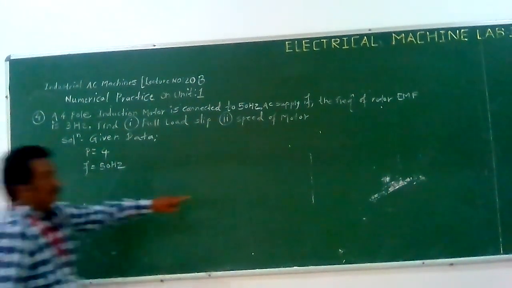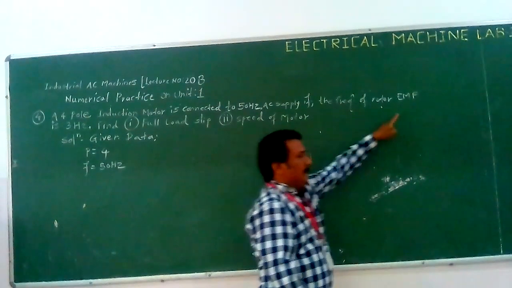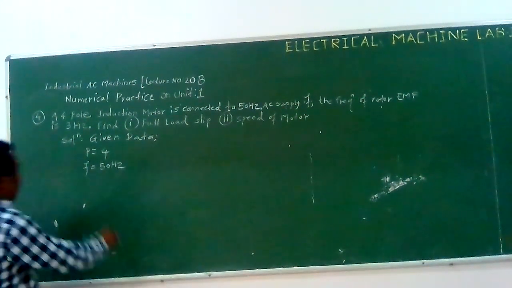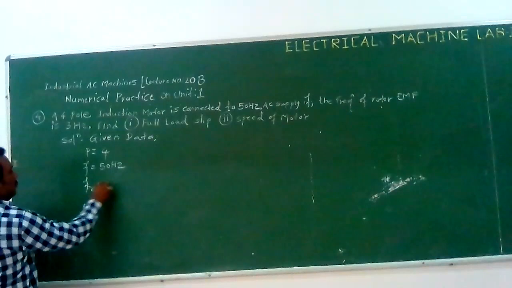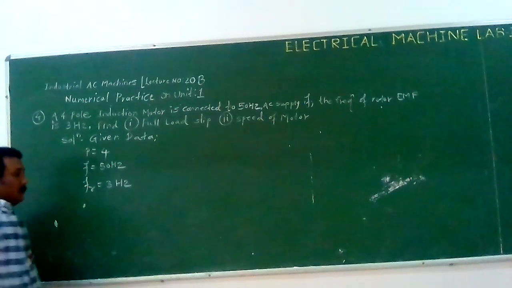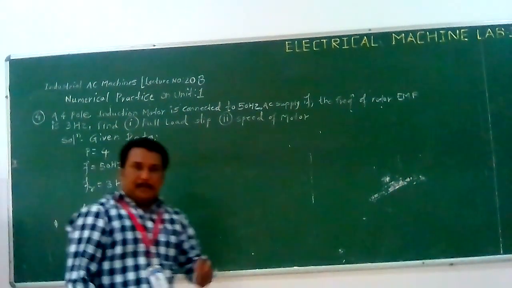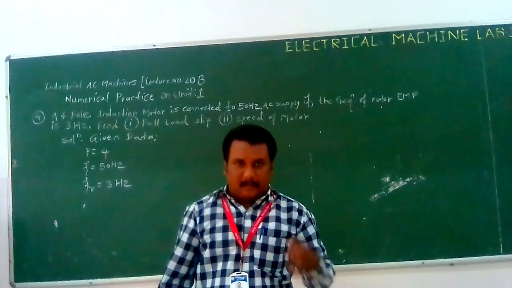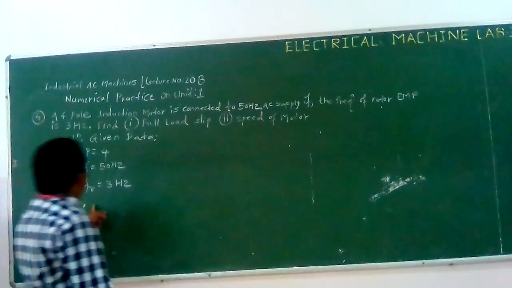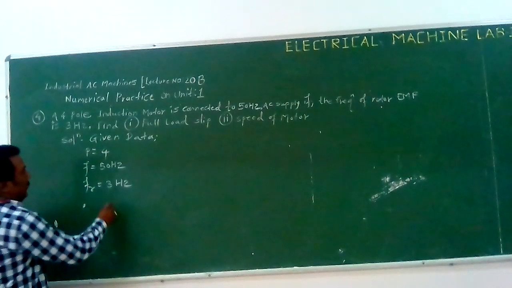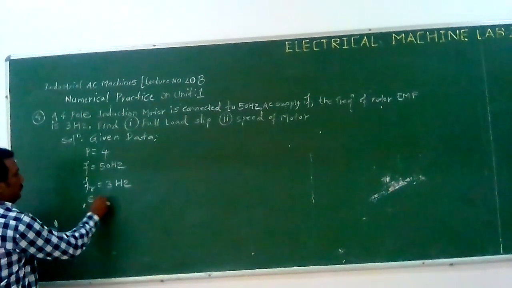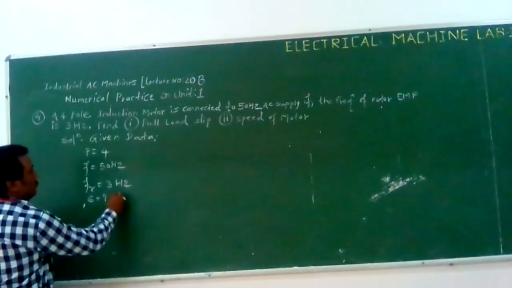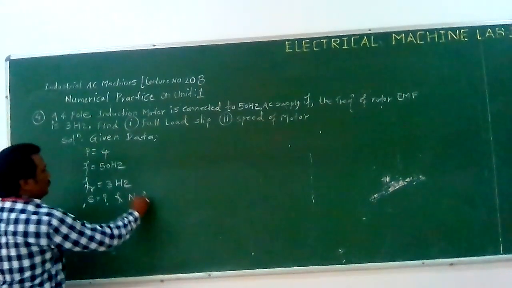Then the frequency of rotor EMF, Fr, is given as 3 Hz. It is the frequency of the rotor induced EMF, Fr. And we have to calculate S, which is unknown, and N, which is unknown.